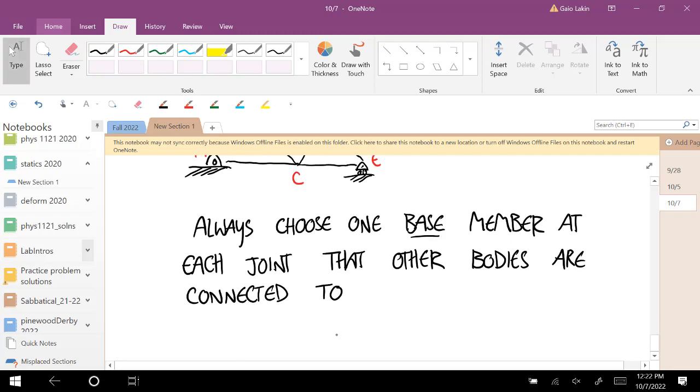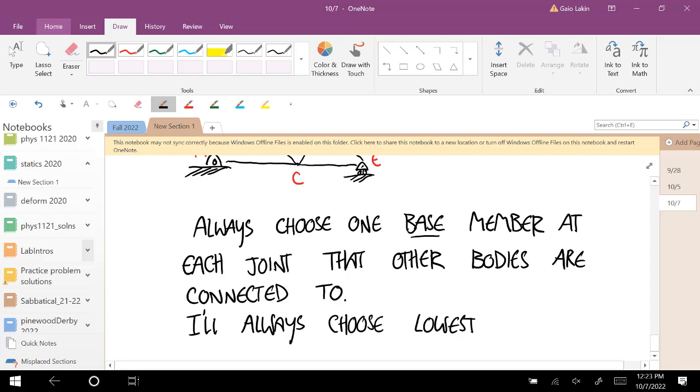The approach I'm going to use is, since we're numbering all these members anyways, I'll always choose as the base member the lowest numbered member at each joint. That's a totally arbitrary system, but that's just the system I'm going to use.